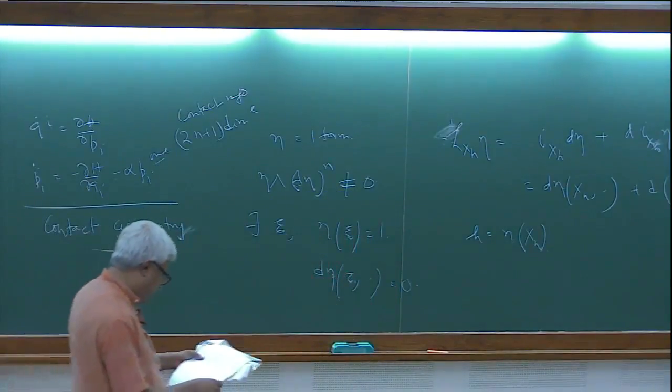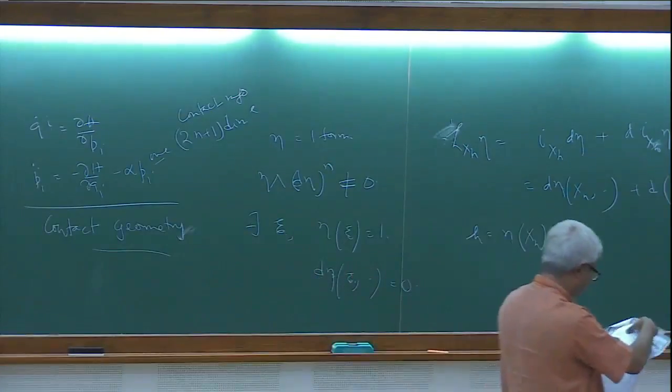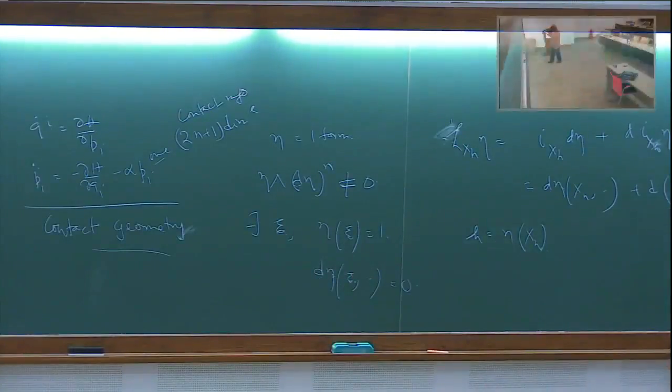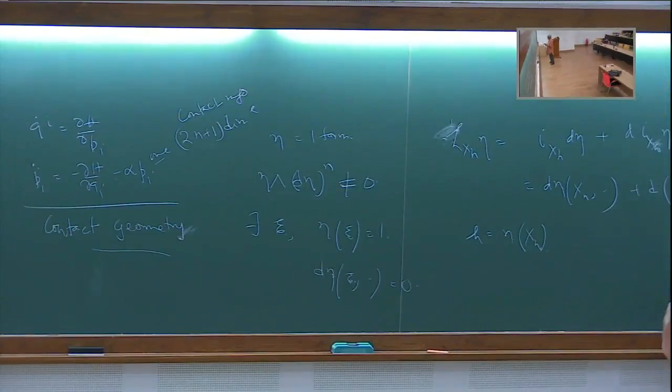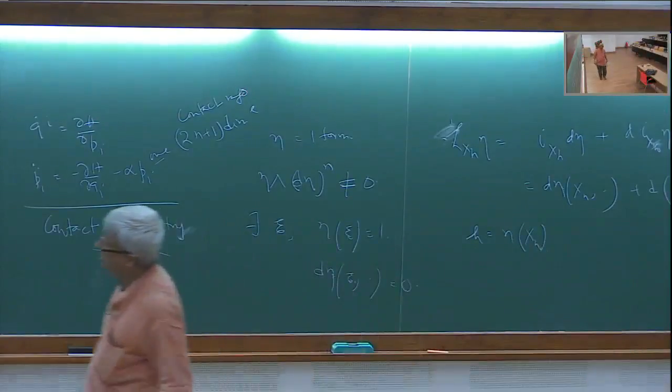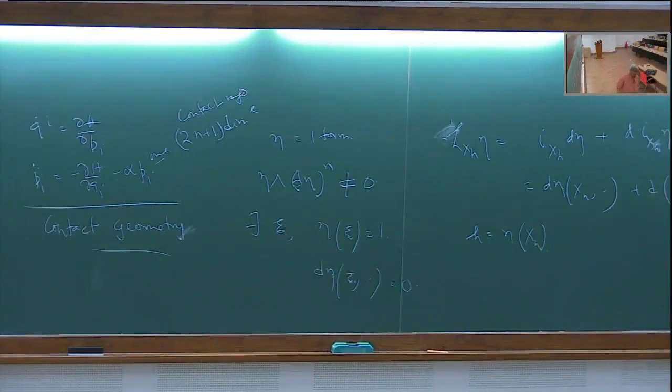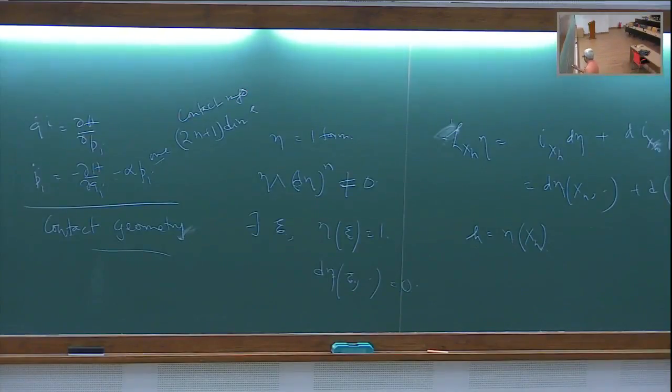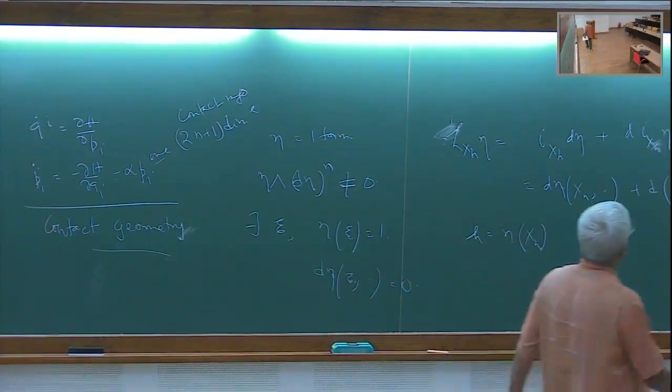Now, how will you derive those equations of motion? See, I need, what are Qi, Pi? Here, in this language, these are called Darboux coordinates.